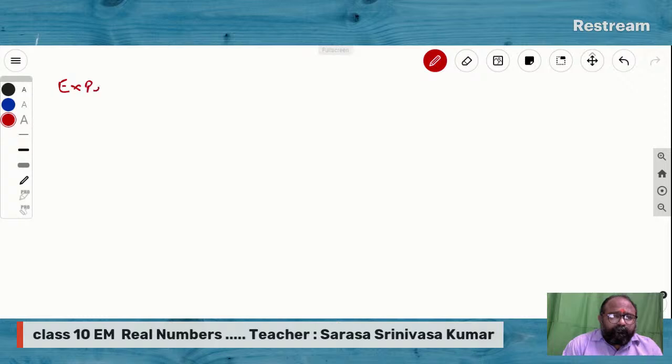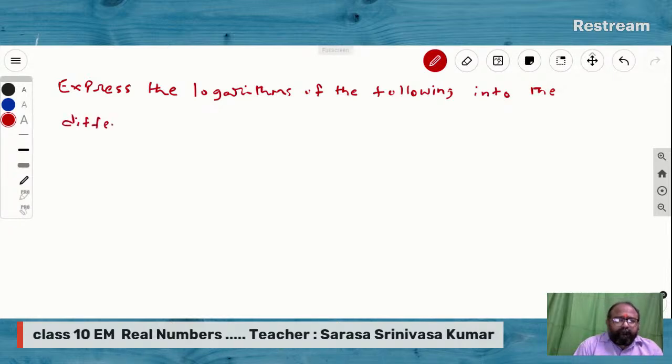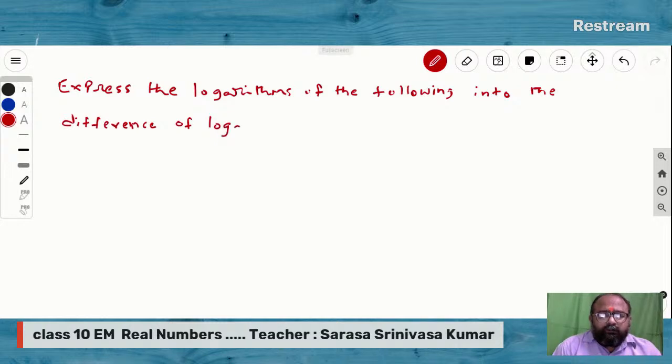Express the logarithms of the following into the difference of logarithms.